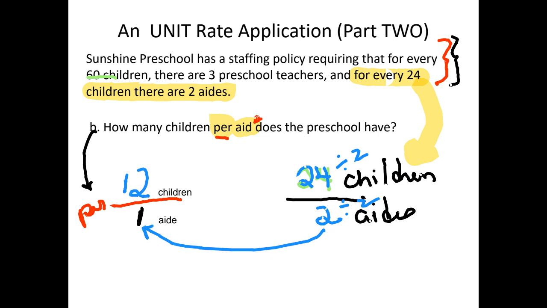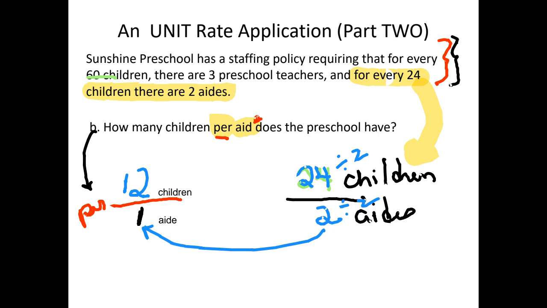Now again, I'm going to interpret it. There are 12 children per aide. Each aide is responsible for 12 children.